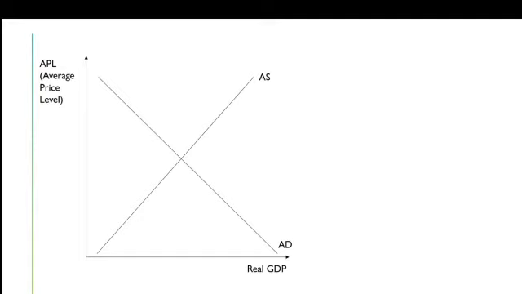So, how do you go about increasing AD? Well, as I said, within the equation, you have the government. So the government is responsible for fiscal policy. And then you also have monetary policy, which in a lot of countries is the responsibility of the central bank. Now, the central bank isn't always independent of the government. It depends where it is.